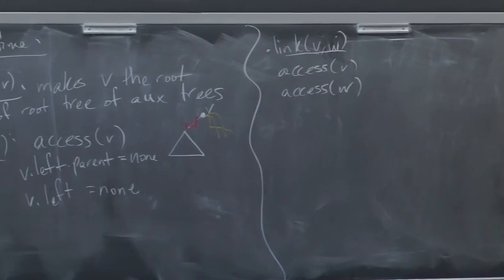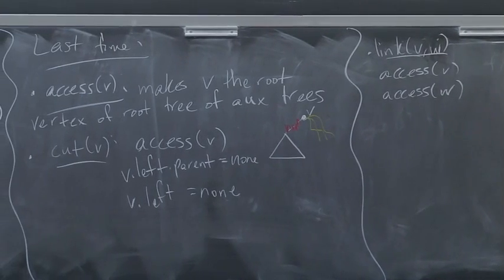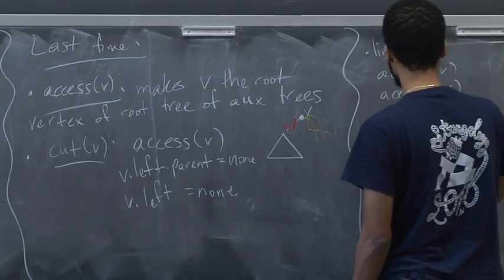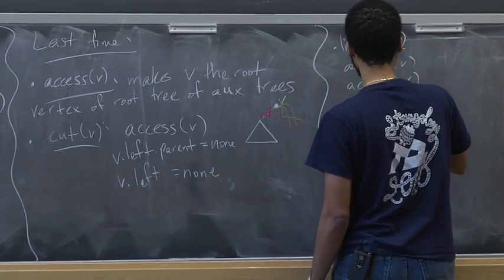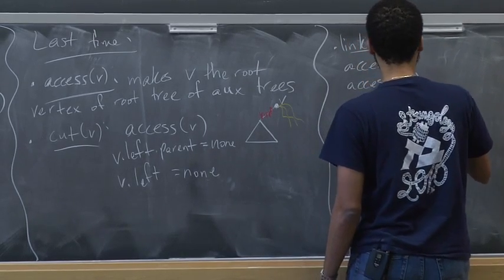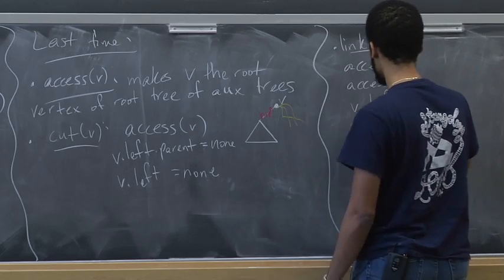Then we just need to splice in V as a left child. So V.left equals W, and W.parent is V.